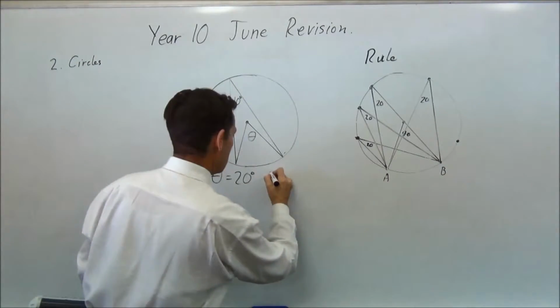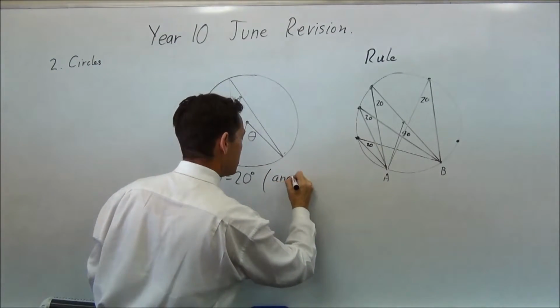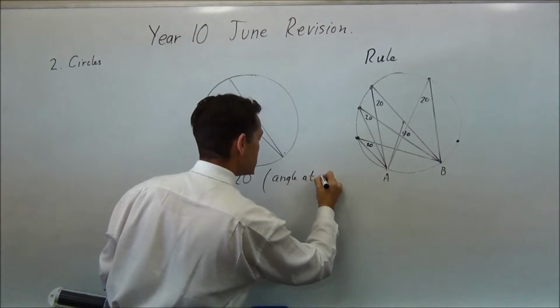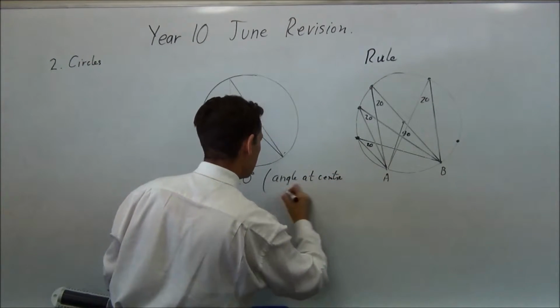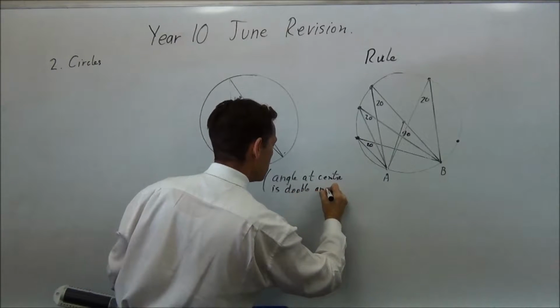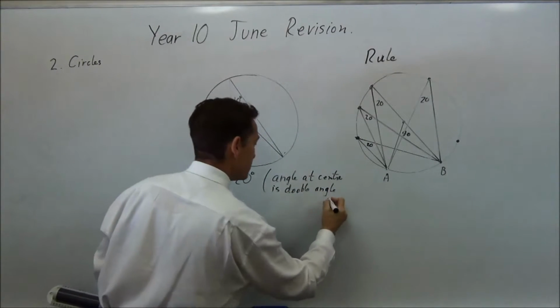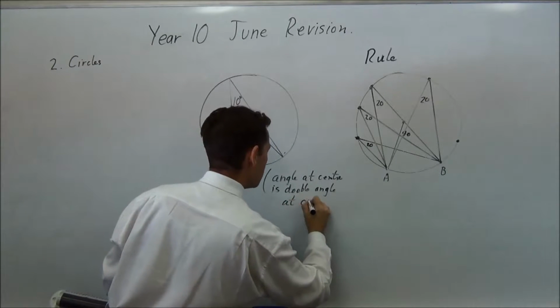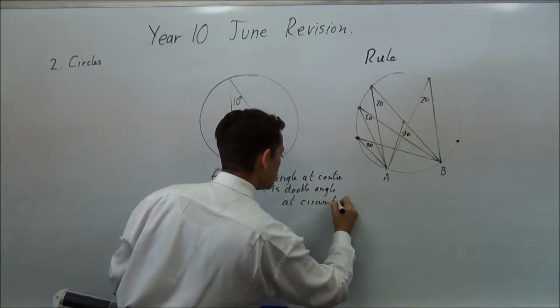So we'll just say it one way: angle at centre is double, or twice, angle at circumference.